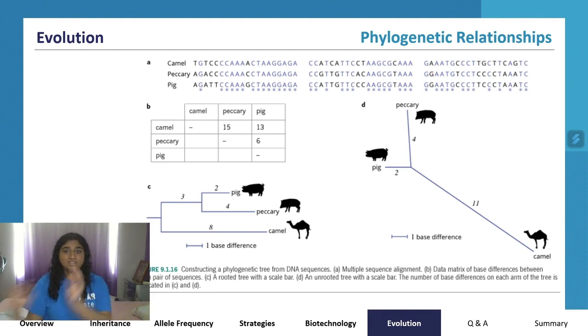Or you can have an unscaled tree, which is a cladogram. Again, think back to Unit 3, which is just lines showing relationships where the length of the line doesn't really matter too much. So being able to interpret some of these diagrams is what will help you answer these kinds of questions in your external.